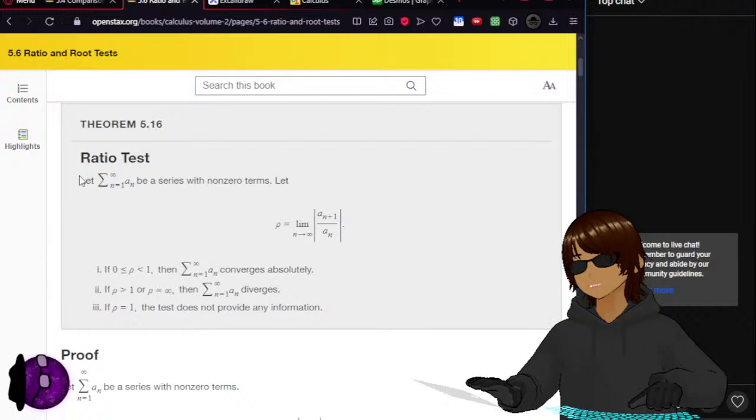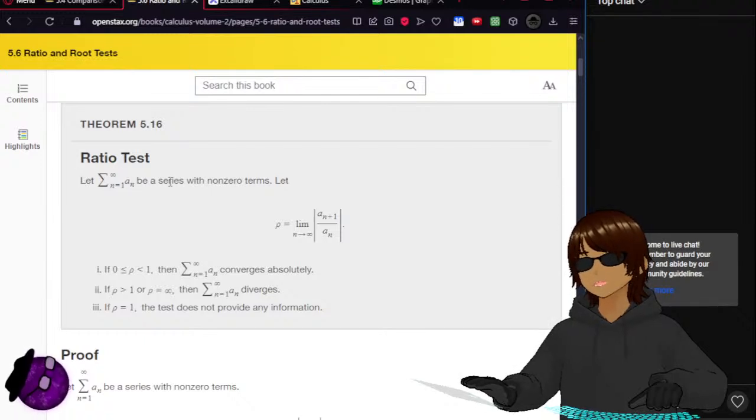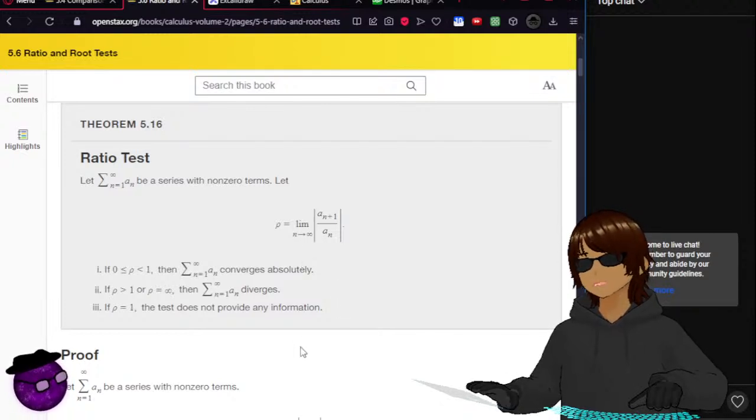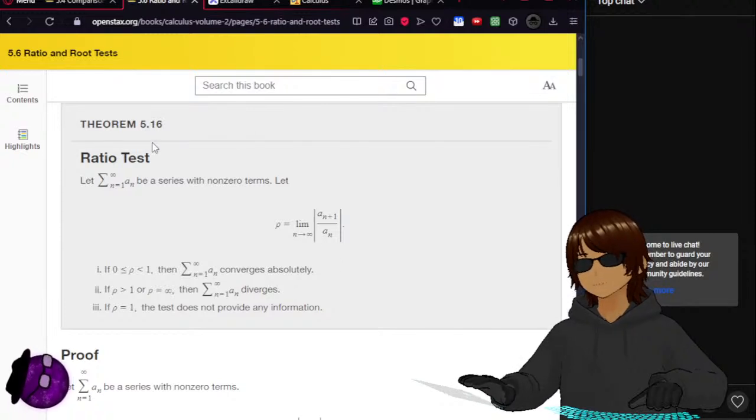Okay, ratio test. Let an be a series with non-zero terms and let, is this rho? I could just call it P. P is equal to the limit as n goes to infinity of the absolute value of a(n+1) over an.